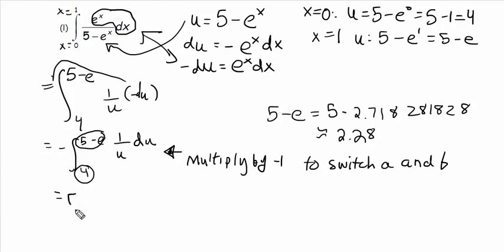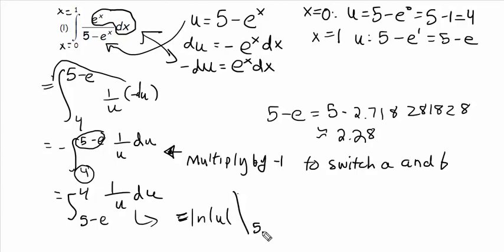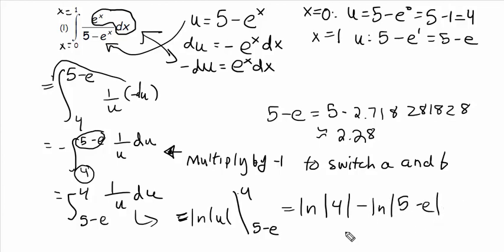So this is technically the integral from 5 minus e to 4 of 1 over u du. And then you can just say this is natural log of the absolute value of u, evaluated from 5 minus e to 4. Or natural log of 4 minus natural log of 5 minus e, and then use the log rules to rewrite it as a single log.